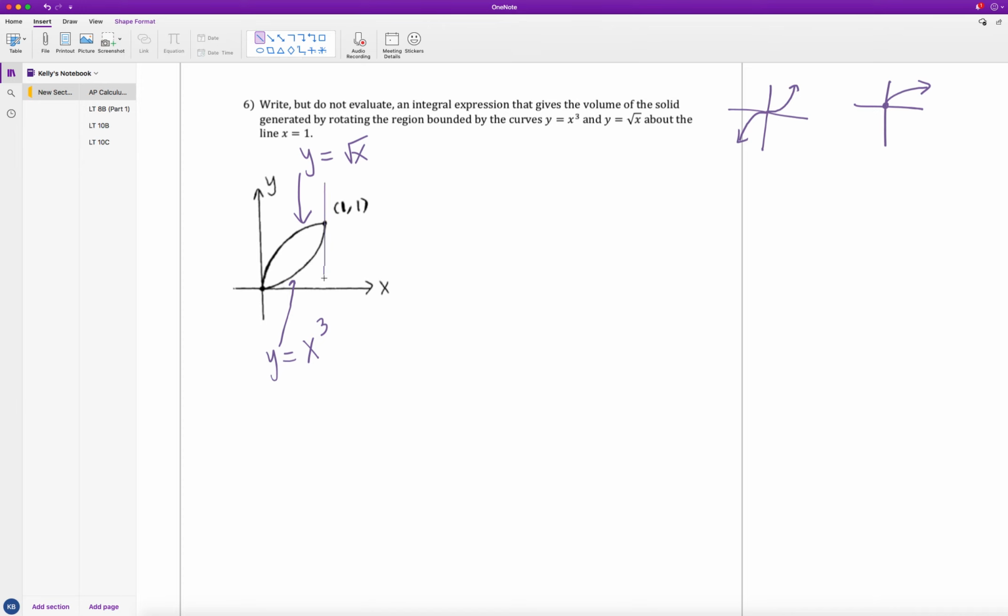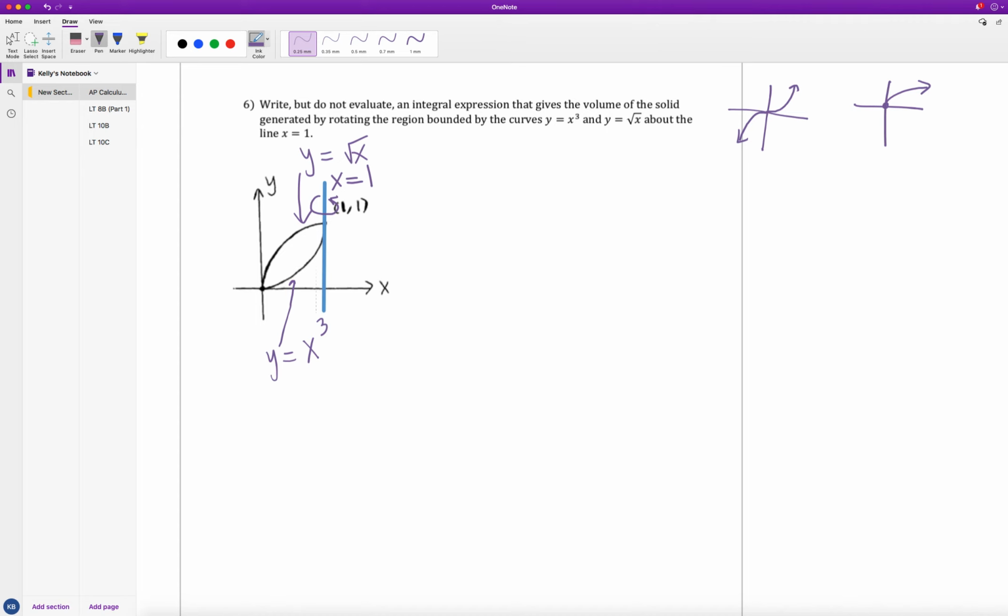But this vertical line coming all the way down, let's make that bolder. I'll change the color so we can see what's happening here. So my axis of revolution then is this vertical line that is x equals 1 running through the graph. And we're going to rotate it over, so we're flipping this over to the right this time as it rotates.